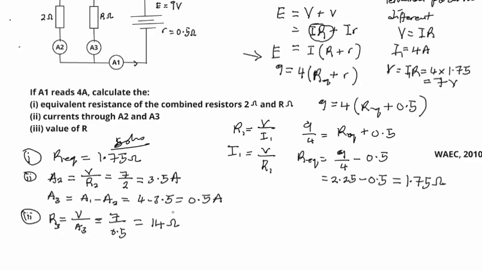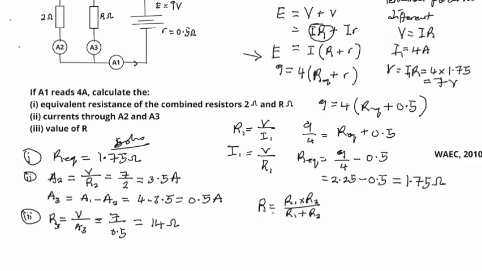There is another way to calculate the value of that R. Since we first calculated the equivalent resistance to be 1.75, and you know, for two resistors in parallel, the equivalent is R1 times R2 divided by R1 plus R2. So R2 is what we are looking for.